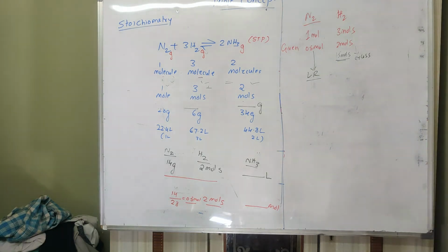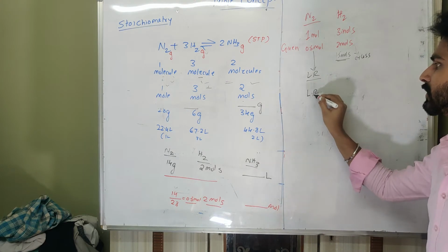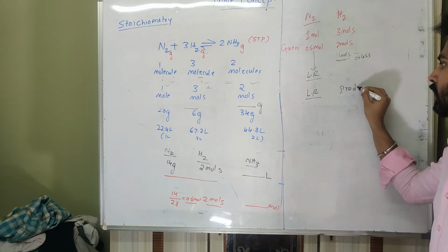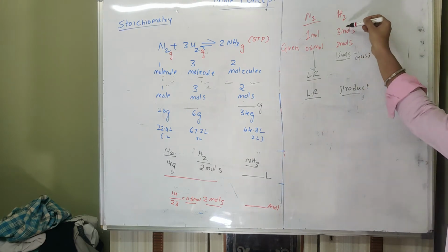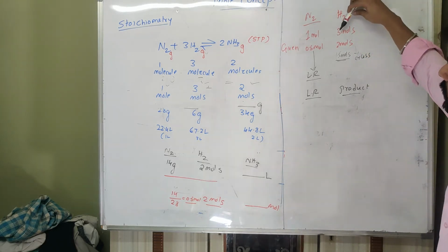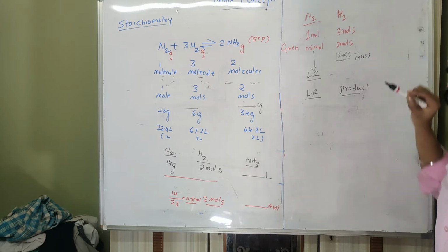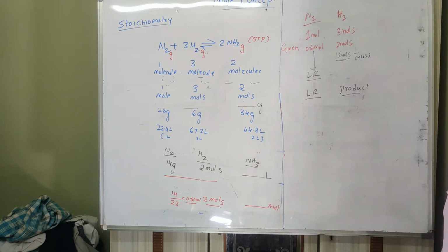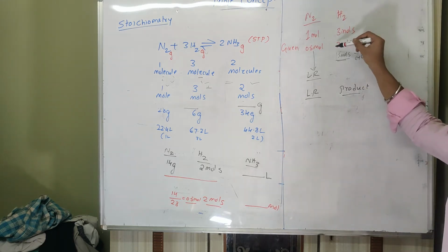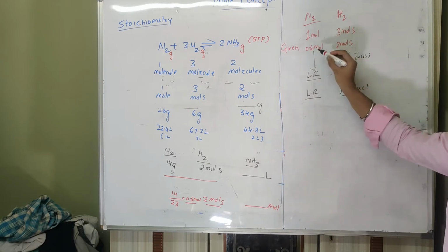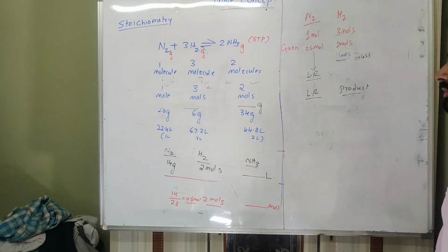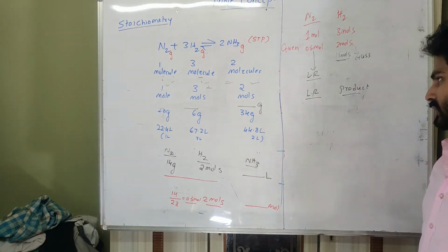Otherwise we can do it in reverse also: 3 moles of hydrogen needs 1 mole of nitrogen, so 2 moles of hydrogen will need 2 divided by 3 moles of nitrogen. That will definitely be less than 0.5, which again tells us that the 0.5 mole of nitrogen is the limiting reagent.